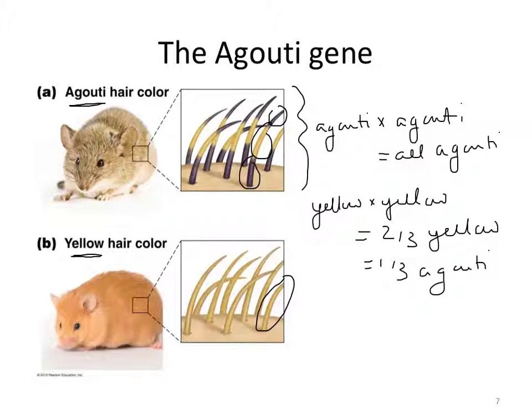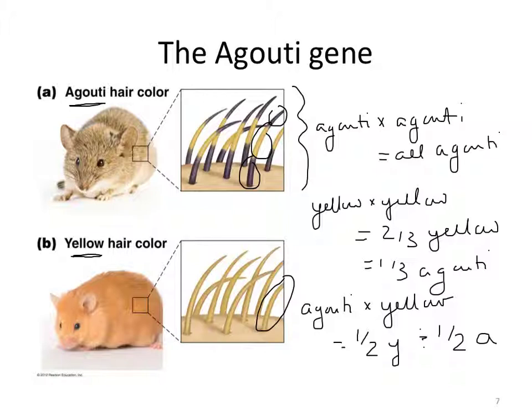And if you cross Agouti by yellow, you get half yellow and half Agouti. And these are not typical Mendelian ratios.